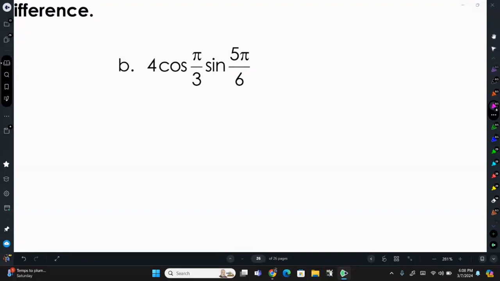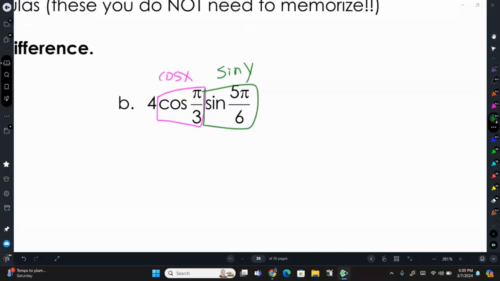So if I'm looking at that formula sheet, it's the cosine x times sine y, which is going to be number 46 on our sheet, cosine x times sine y. And our x is equal to the angle pi over 3, what we're taking the cosine of, and y is equal to 5 pi over 6.